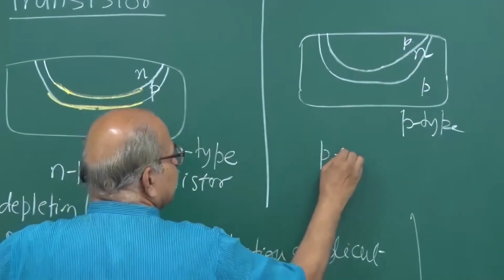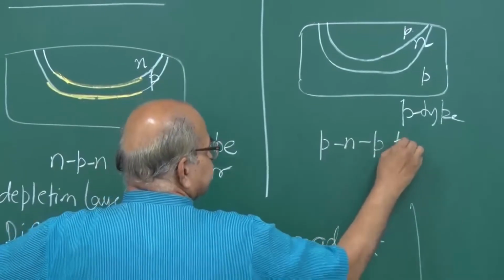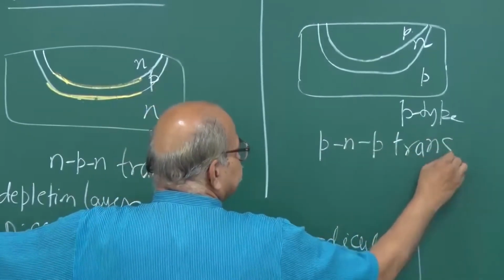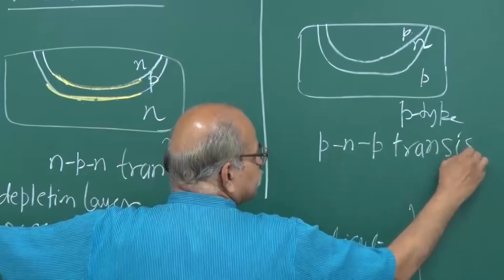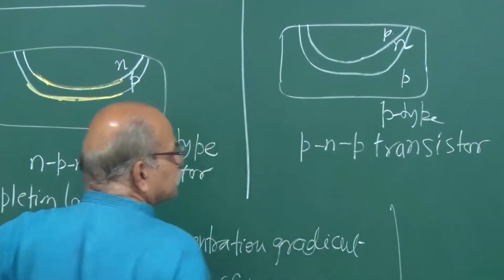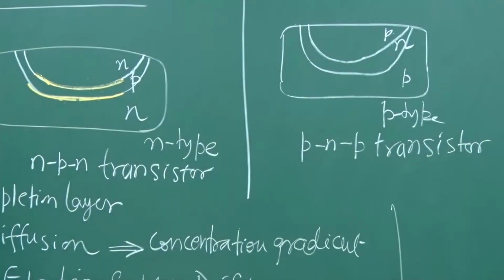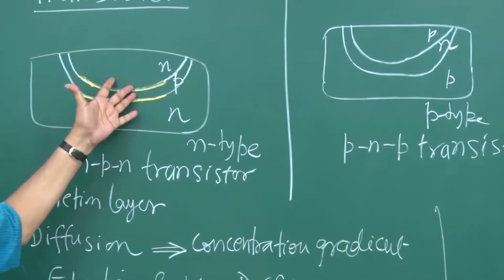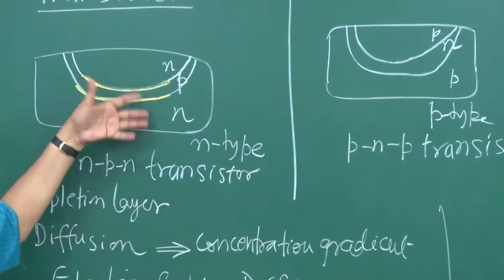So this is a PNP transistor. Okay. But most of the time we will be using this NPN to describe all the physics and all the processes.